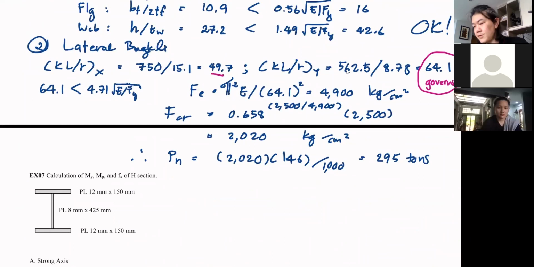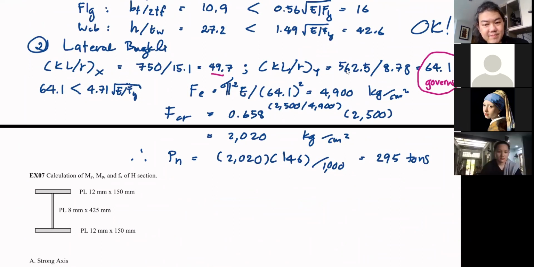Okay, so is there any question? Yes, ma'am. How can you know that K is equal to 1 because it doesn't show any kind of support in the drawing? Oh, right, because I didn't write. Yeah, sorry, my bad.